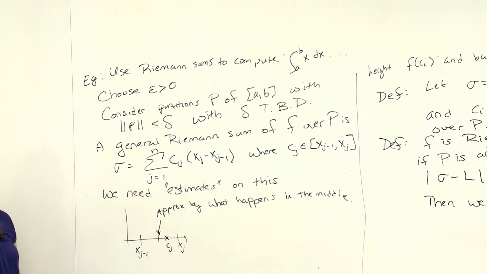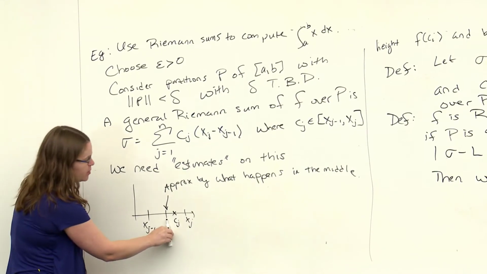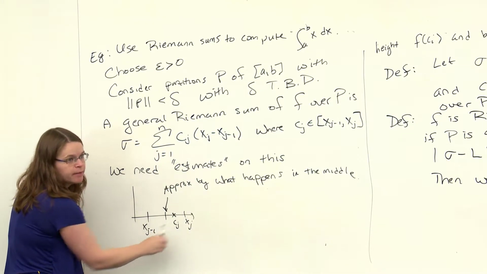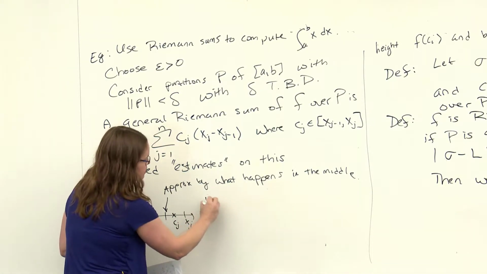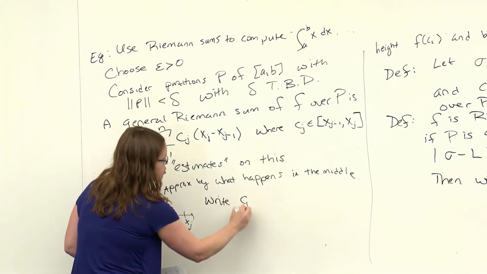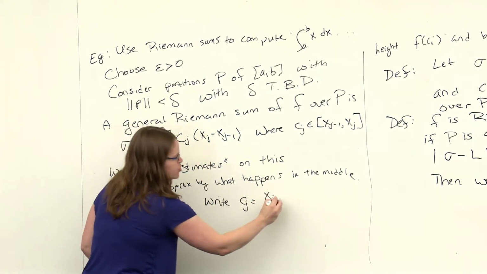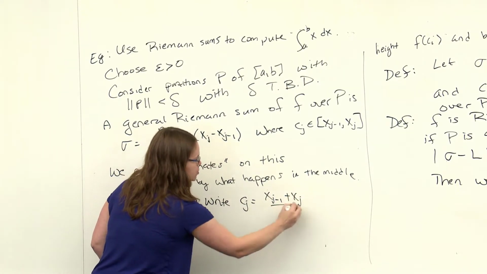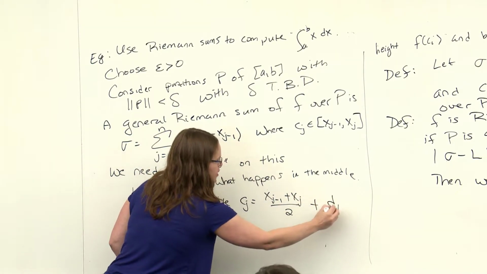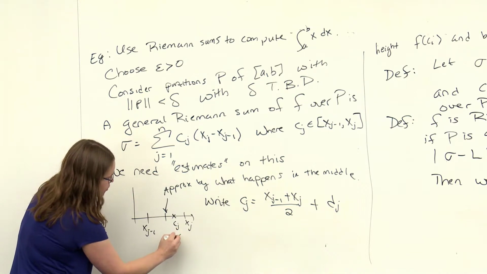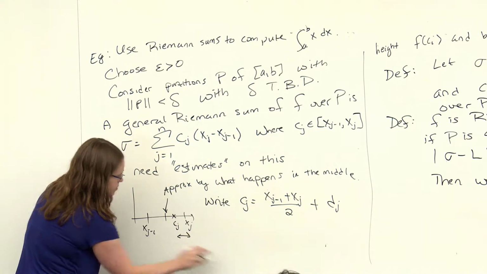What I'm going to do is write it in two parts. I'm going to write it as the sum of the midpoint plus some error. So let's write Cj as the midpoint of these two things, so xj minus 1 plus xj over 2 plus some error.